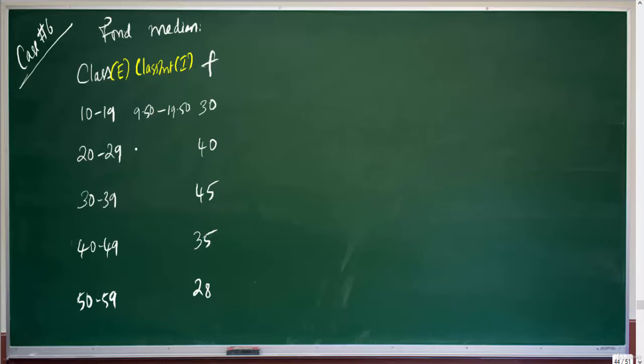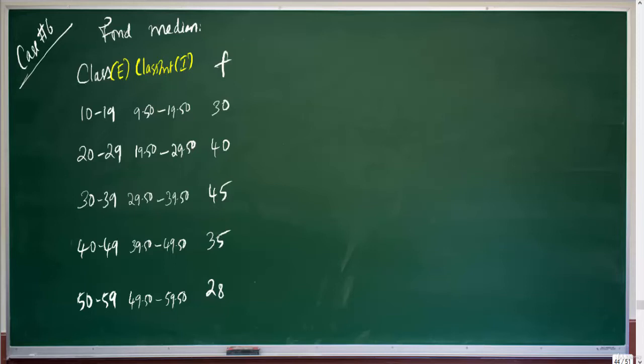This 20 will become 19.5 and 29 will become 29.5. 30 will become 29.5 and 39 will become 39.5. 40 should become 39.5, 49 will become 49.5, finally 50 will become 49.5 and 59 will become 59.5, right? Now I'll keep this F a little away to avoid some confusion.